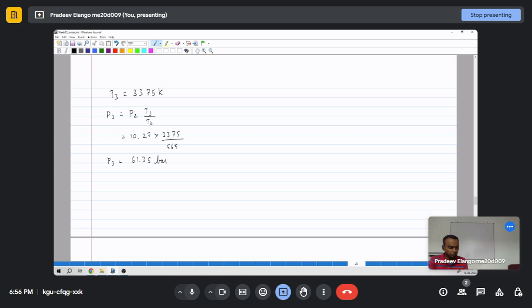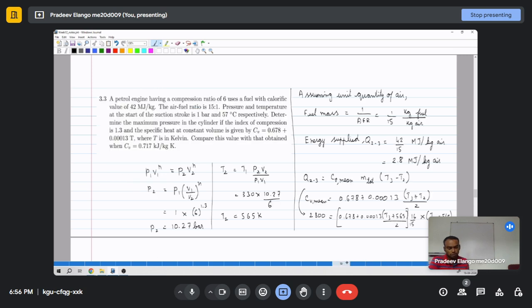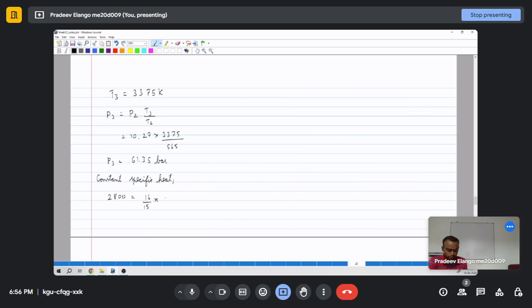So similarly, if you have a constant specific heat, then we will have 2800 is equal to M into Cv into T3 minus T2. So M is 16 by 15, Cv is given as 0.717, and T2 is 560.